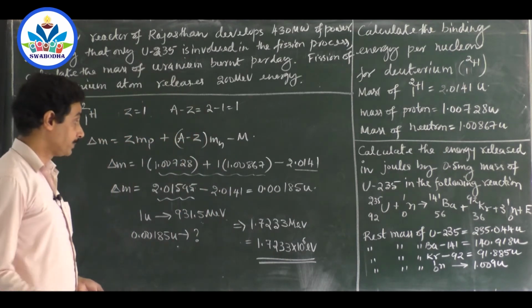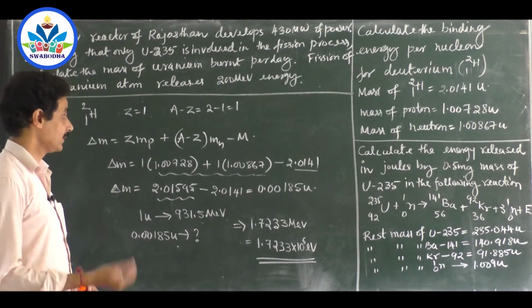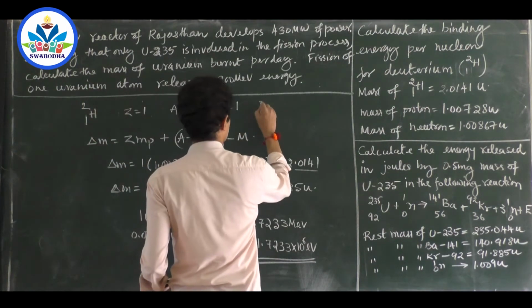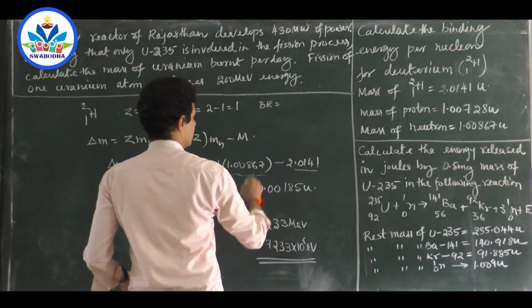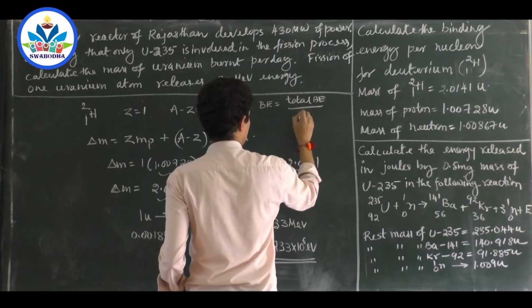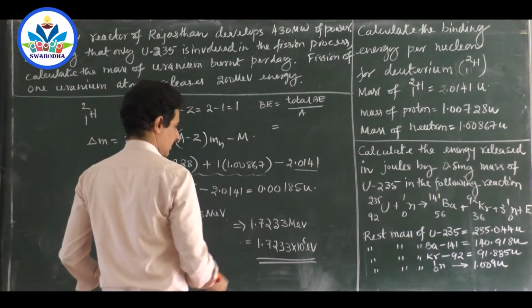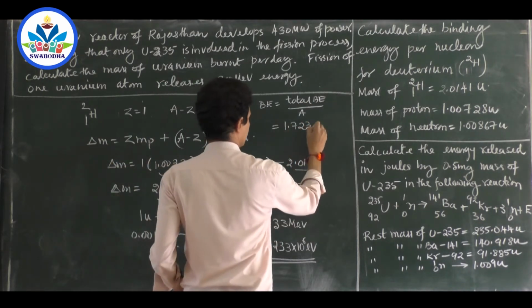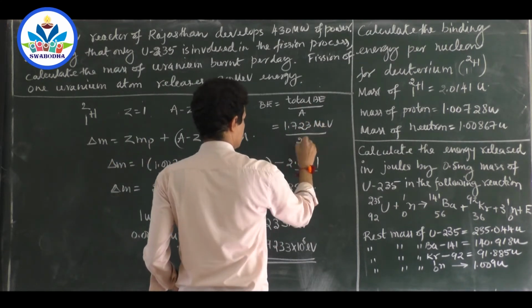Now binding energy per nucleon they are asking. What is the binding energy per nucleon? So binding energy per nucleon is equal to total binding energy divided by mass number A, that is equal to 1.7233 million electron volt divided by 2, correct?